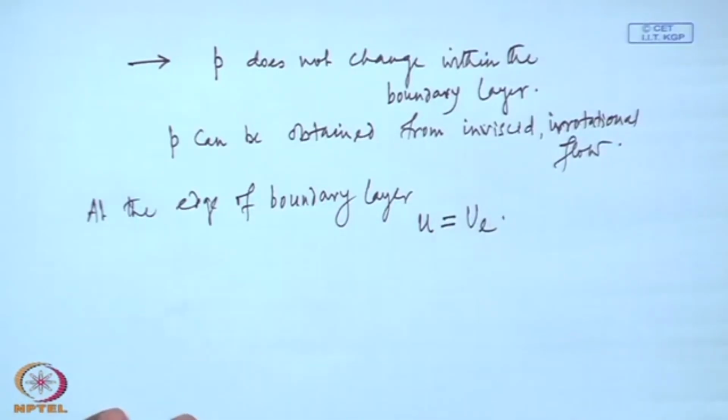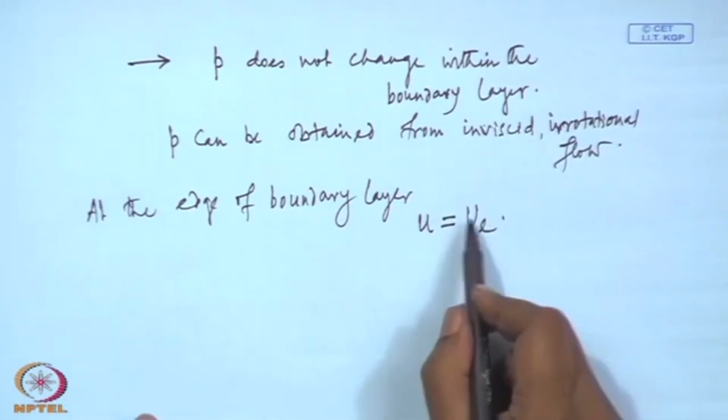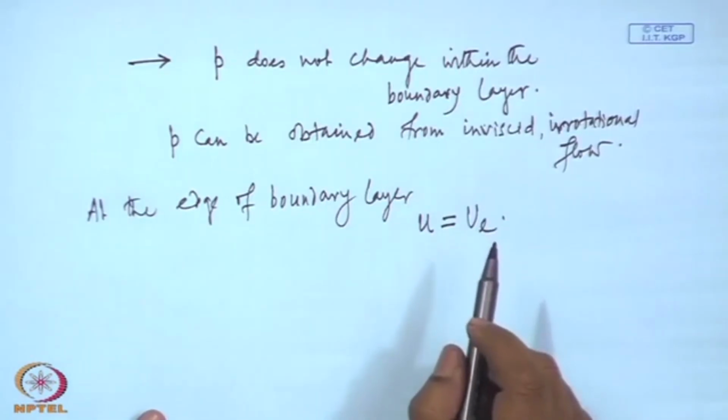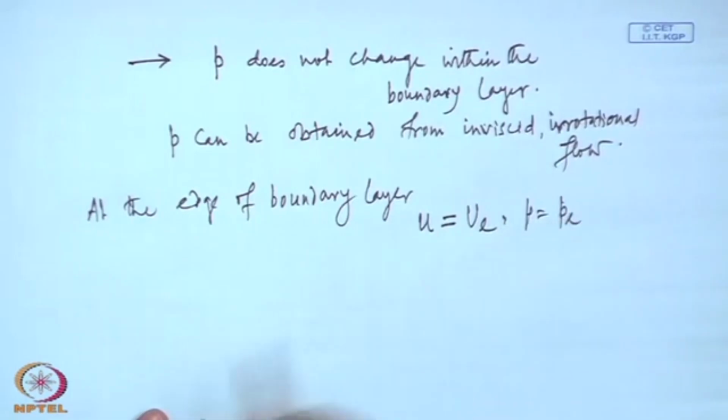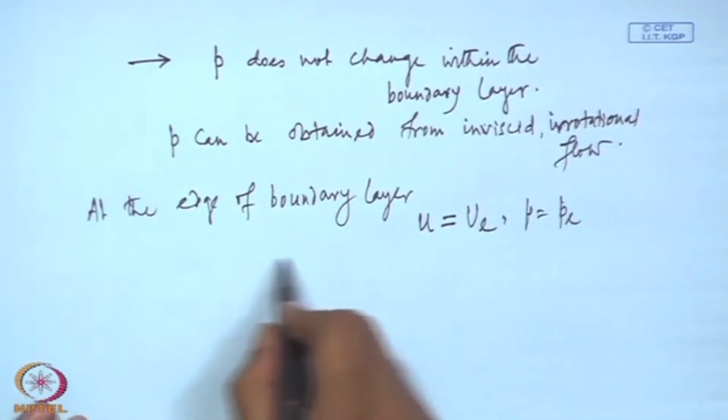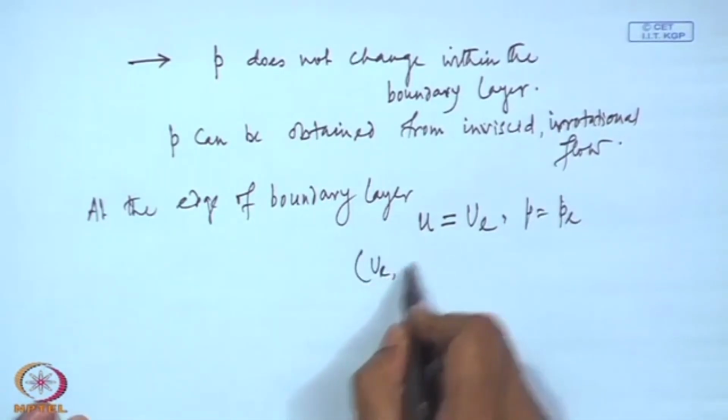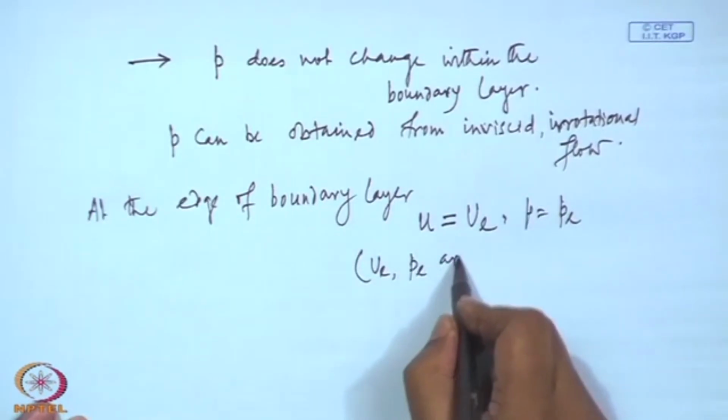The velocity at the edge of the boundary layer is u e, and the pressure is p e.